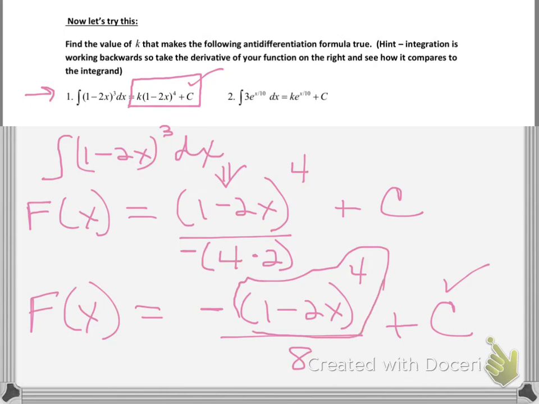What's missing? What's missing is, this is kind of a 1 hiding here, right? What's missing, and I'll change the color so we can see it better, this is what's missing. So in this problem scenario, k is going to equal negative 1/8.